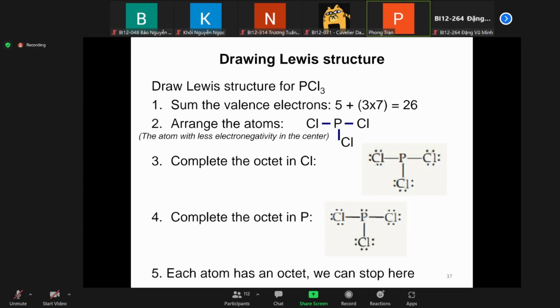Chlorine is in column 7A, so it has 7 valence electrons. You have 3 chlorine atoms, so 3 times 7, 21 electrons. In total, the valence electrons for PCl3 is 5 plus 3 times 7 equals 26 electrons.